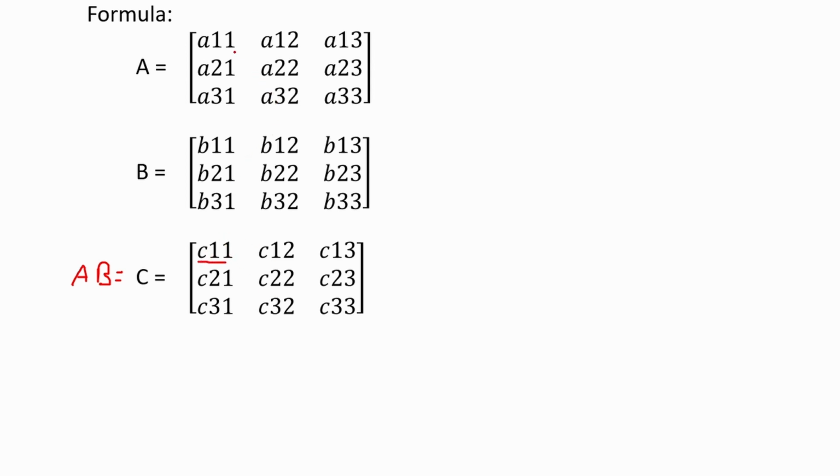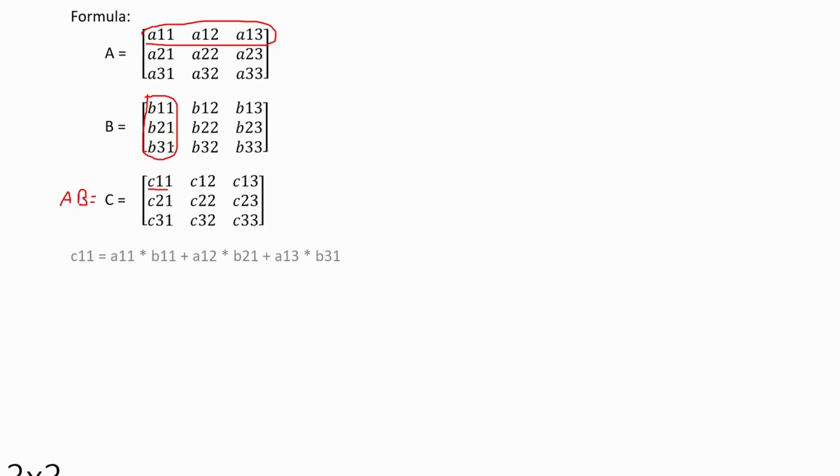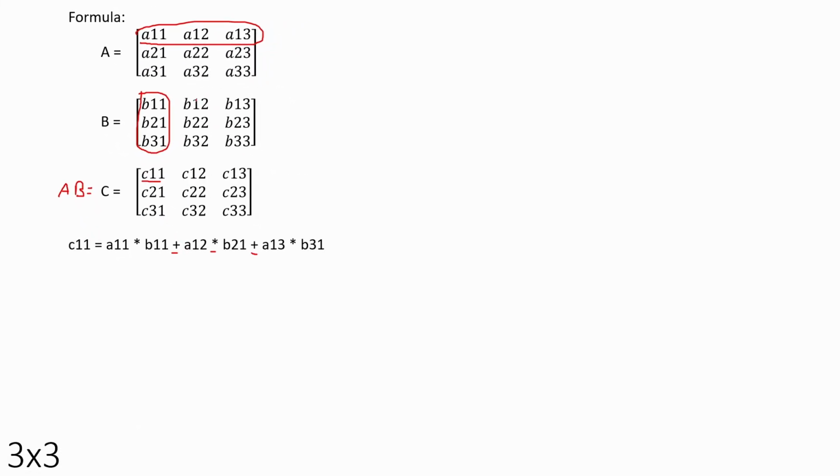To find it, we use the row of matrix A and the column of matrix B: A11 times B11, A12 times B21, A13 times B31, and we sum all of it.